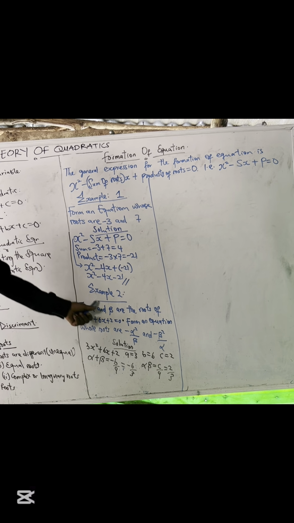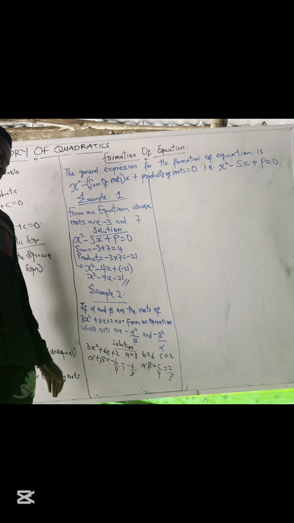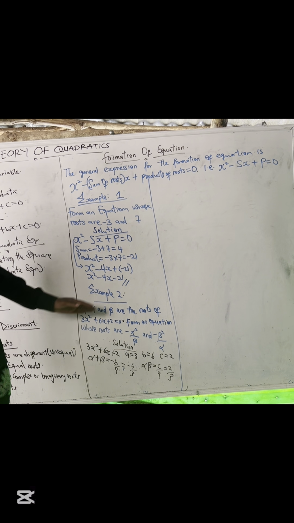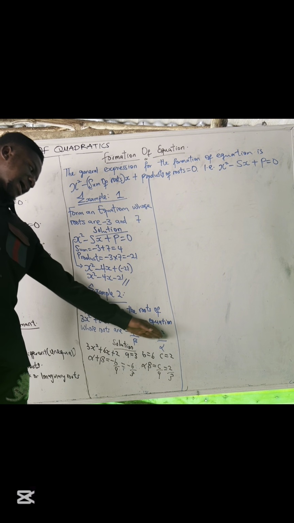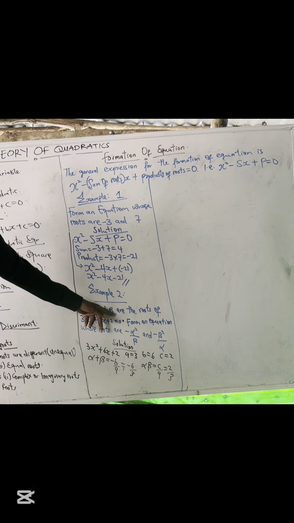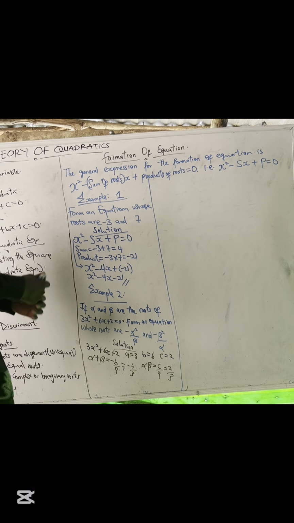This is the first thing we are going to do. So for the first part of the question, we first look for alpha plus beta and alpha beta. The next part of the question is that we should form an equation whose roots are this and this. This simply means that these are the first roots, and these are the new roots.